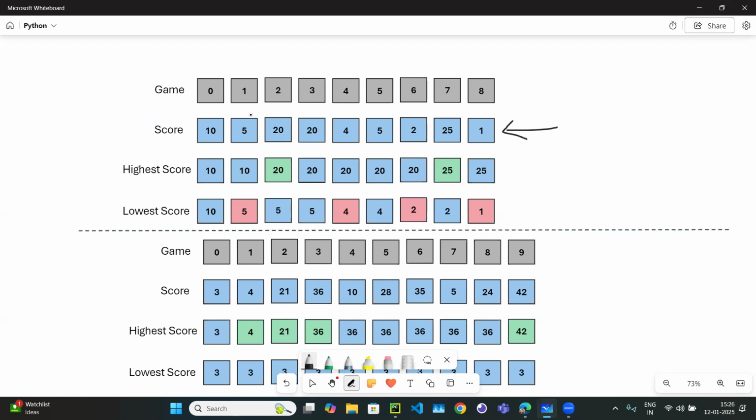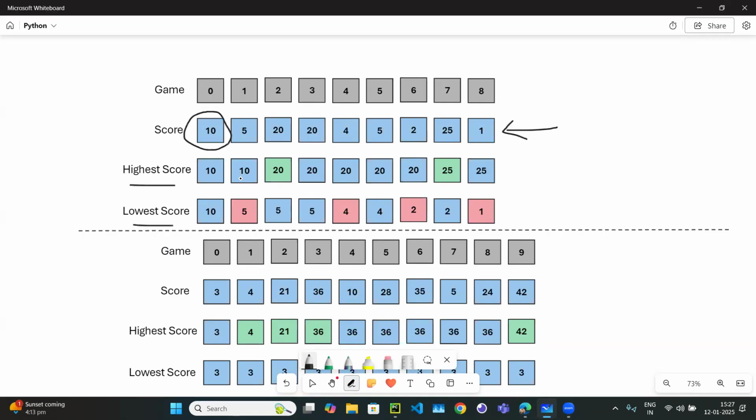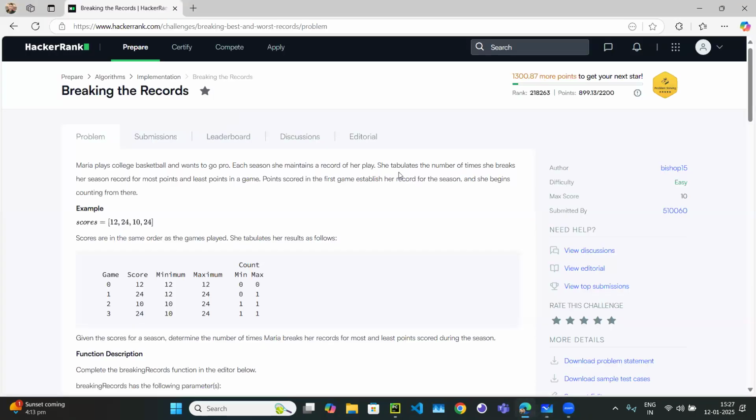So basically she plays 9 games. When she plays the first game, she scores 10. So the highest score and the lowest score is 10 only, because that is the first game, and that is what the question says: points scored in the first game establish her records for the season.